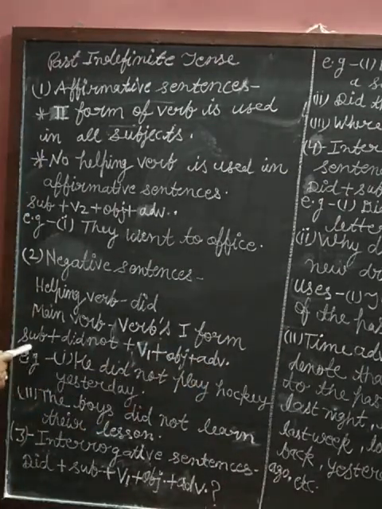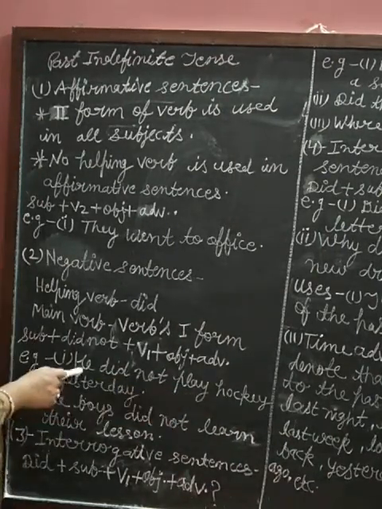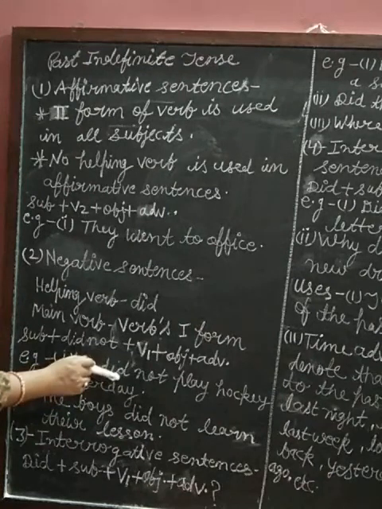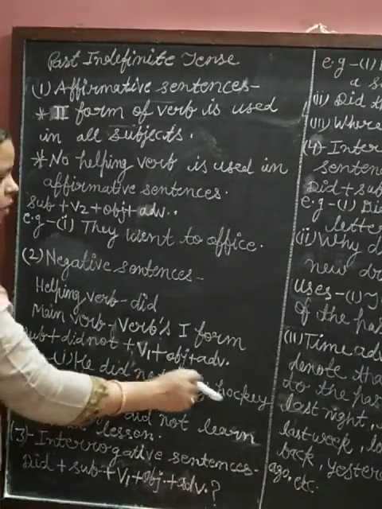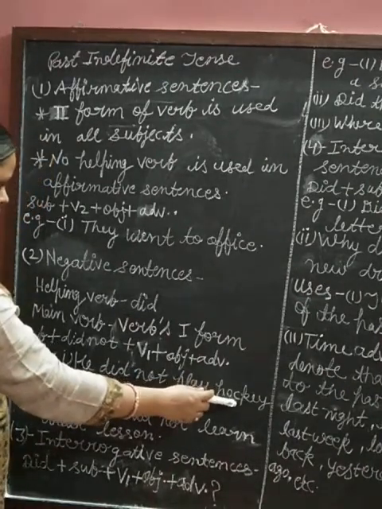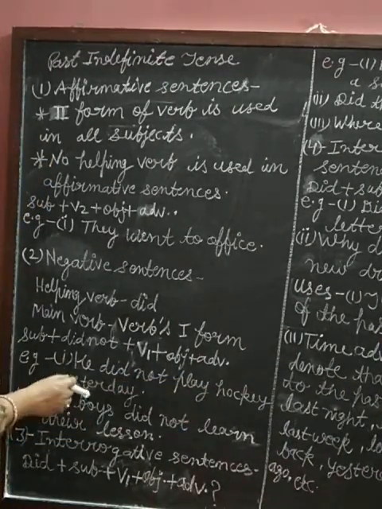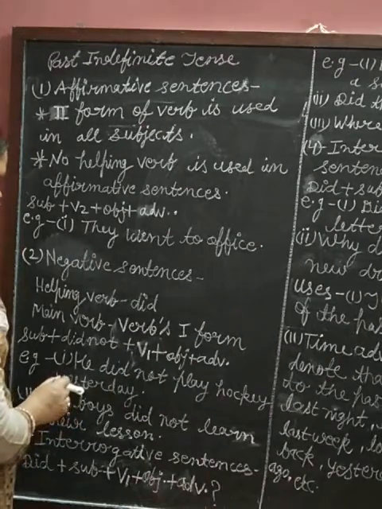Look at the example: he did not play hockey. He is a subject, did is a helping verb, not is used for negative sense, play is the verb's first form, hockey is an object. Yesterday is a time adverbial. He did not play hockey yesterday.